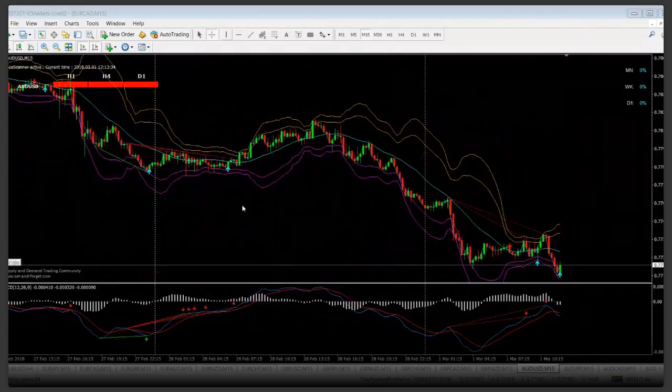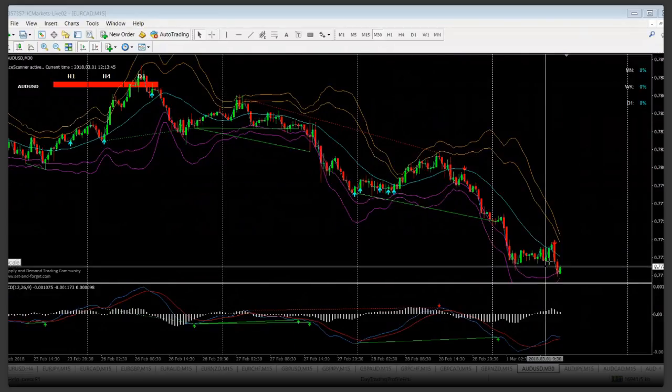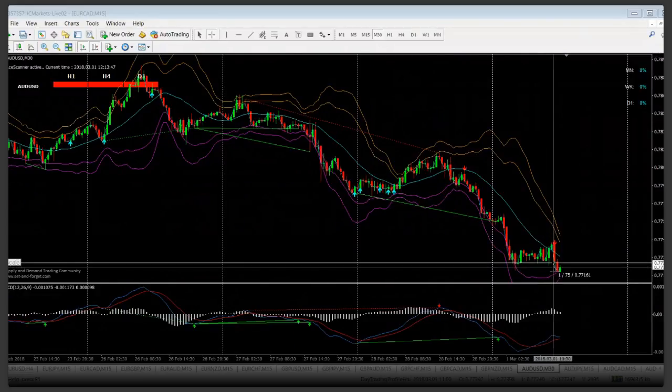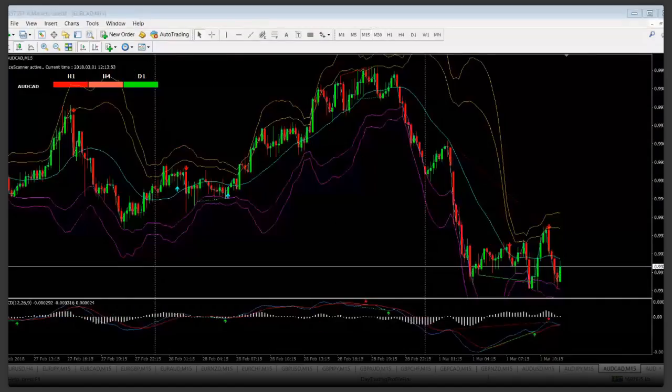Another one was the Aussie USD with a 30-minute signal. Let's see here. And I got 13 pips on it. Other trade was Aussie CAD. Again, 10 pips on it. We got in up here and we sold down at this bottom low down here.